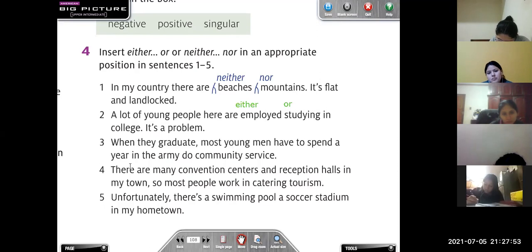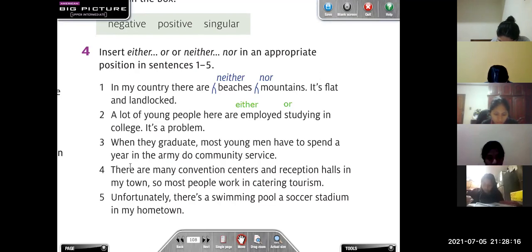Number 3, when they graduate, most young men have to spend a year in the army, do community service. What do you think? To either. Again, please.